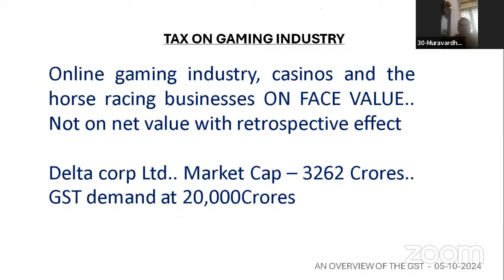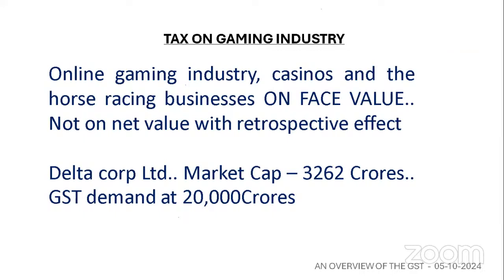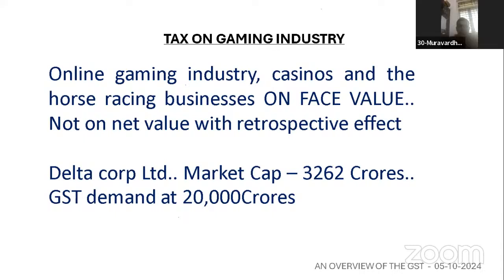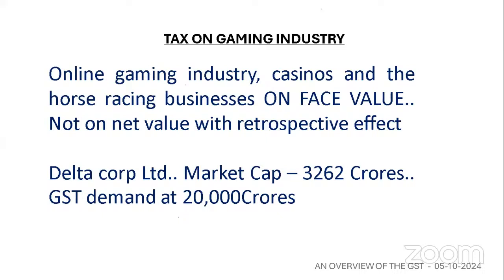Now, in the case of Delta Corp, the market capitalization is 3,262 crores, whereas the demand raised against them is 20,000 crores. This case is there in the court. If it loses the case, then it has to be dissolved. Such a tremendous pressure is there on the online gaming industry.